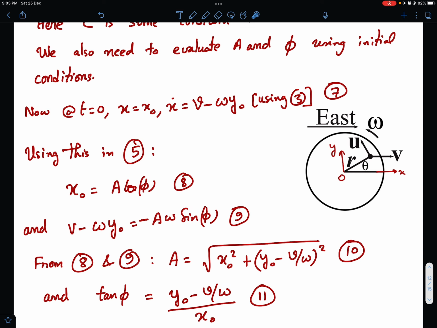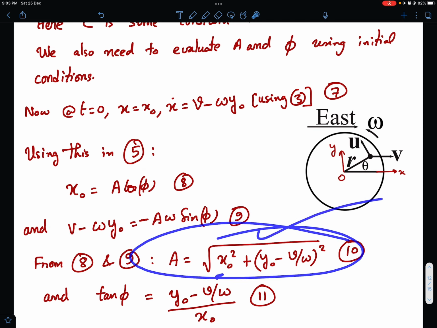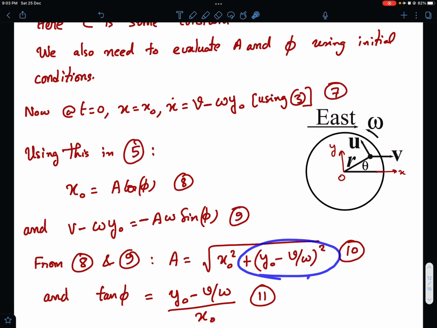Standard technique, we come across this kind of situation so many times in the standard SHM. So if you solve this equation, this can be very easily solved. You get a is this expression, square root of x naught square plus y naught minus v by omega square, and for tan phi, you just divide this by this and then you'll get the value of tan phi. Tan phi comes out to be y naught minus v by omega whole thing divided by x naught.